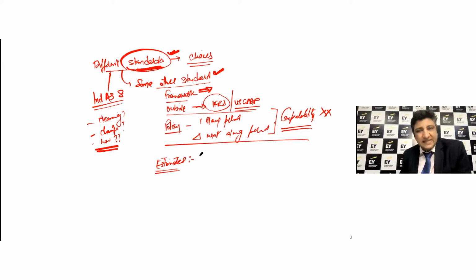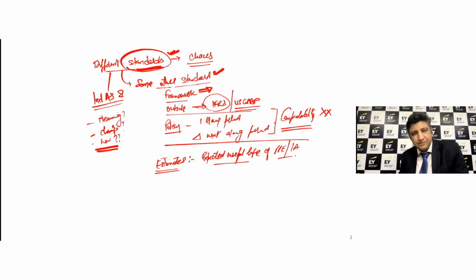One of the easiest examples I can think of is the calculation of expected useful life of, let's say, a property, plant, and equipment, or an intangible asset.